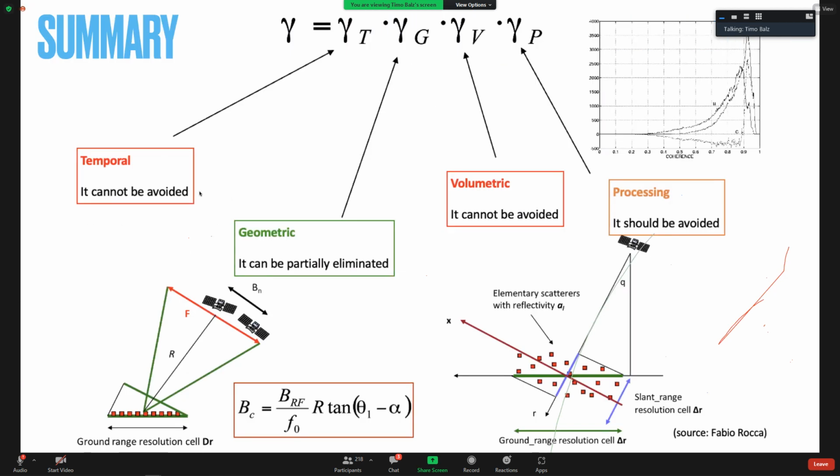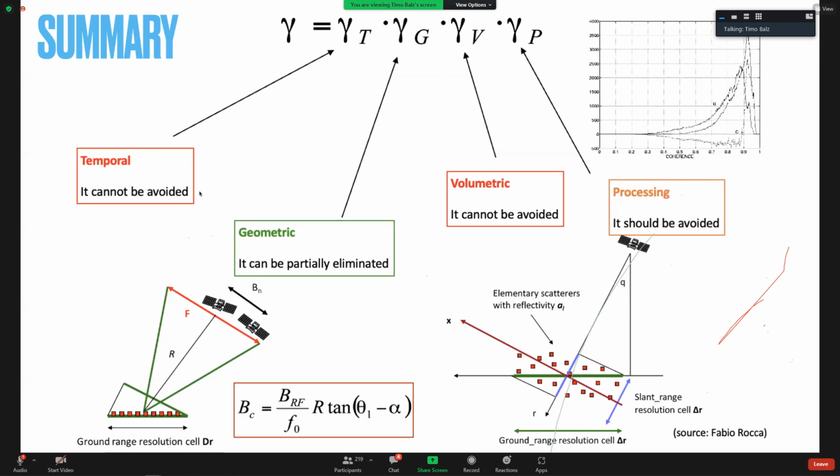All right, so when we're looking at the summary of the contributions to the coherence, we have the temporal decorrelation, which we cannot avoid, but we can avoid it in a way: if we are able to reduce the time difference between both images close to 0, then we also remove the temporal decorrelation.